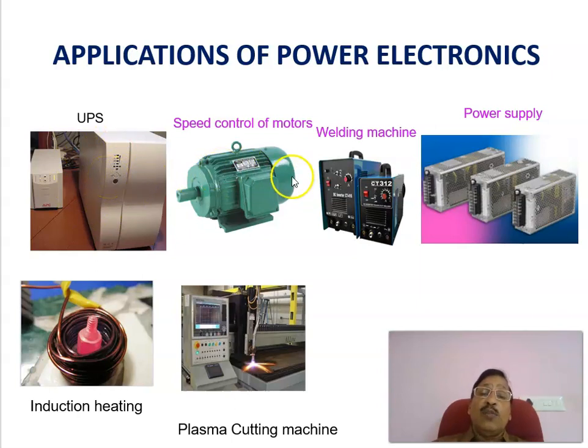For speed control of motors, we require rectifiers, inverters, choppers, etc., depending upon the type of motor. Then welding machines, power supplies, induction heating, and plasma cutting machines. I have shown just a few examples only; power electronics is used in almost all applications, industrial, residential, transportation, telecommunication, space, etc.